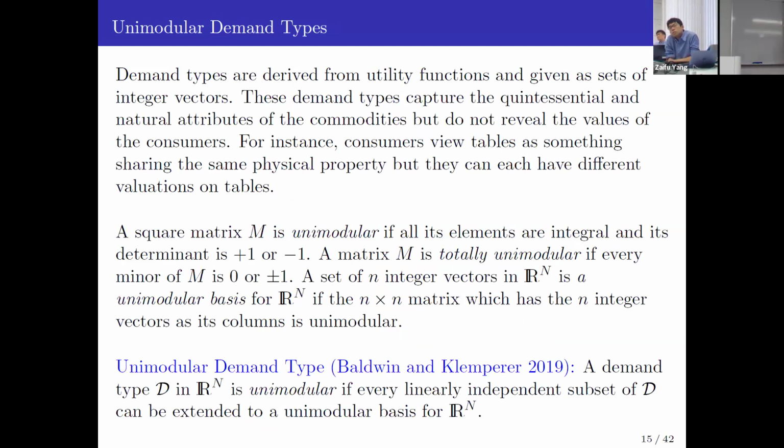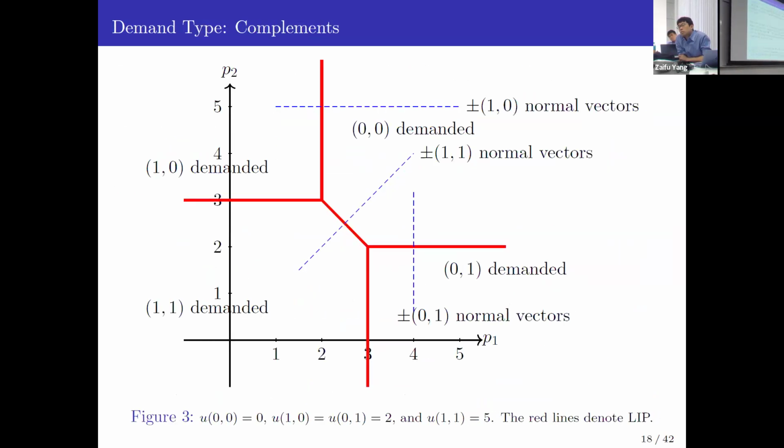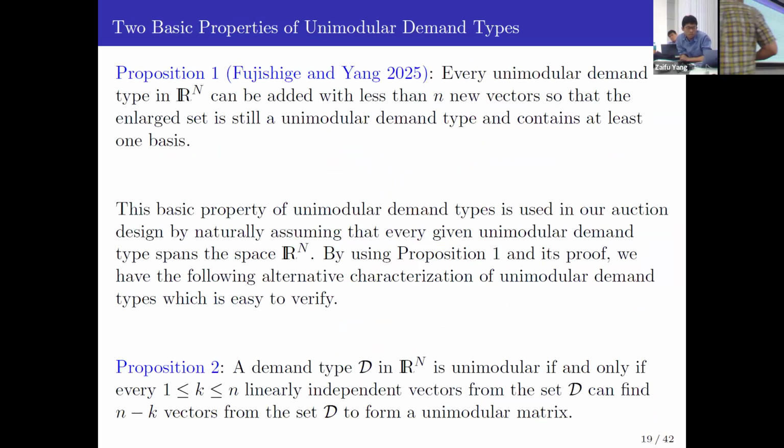Now here, if you look at this definition, in particular this one, every linearly independent subset can be extended to a unimodular basis. So this gives quite a lot of space, but also gives you an impression that it might not be so easy to verify. So actually, Fujishige and I discovered a new characterization of this unimodular demand type, which is much easier to verify.